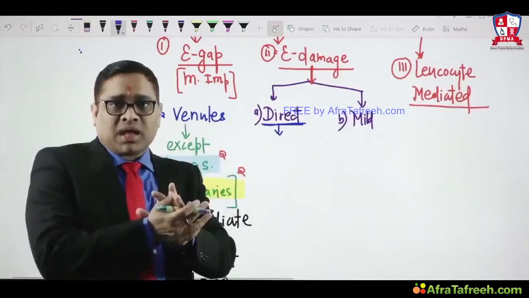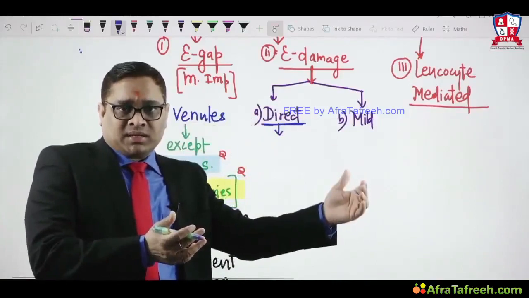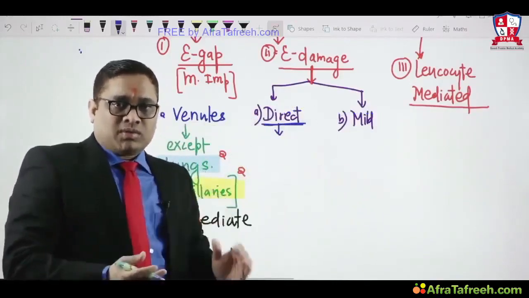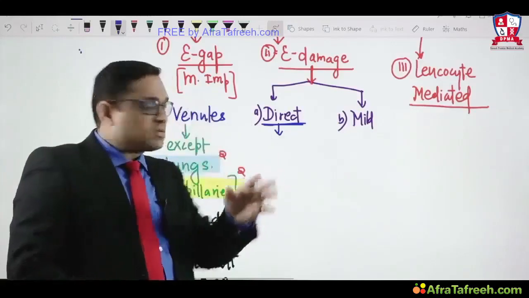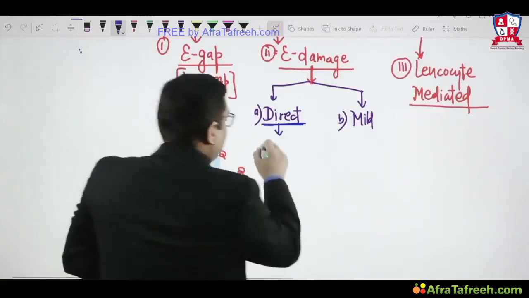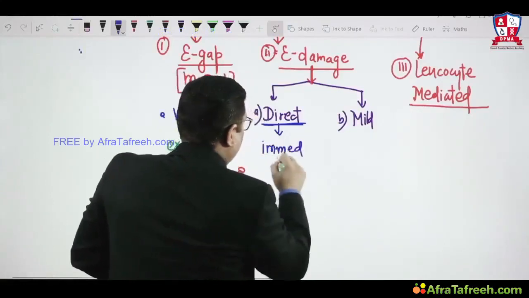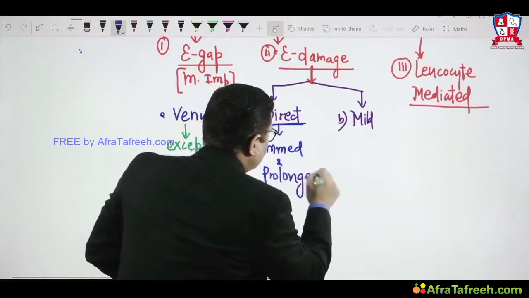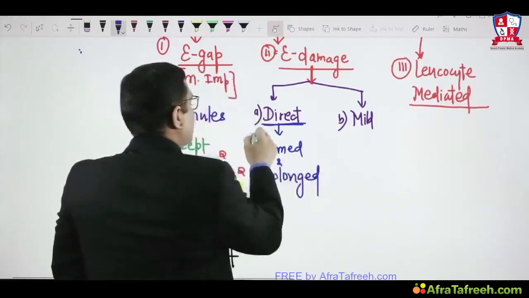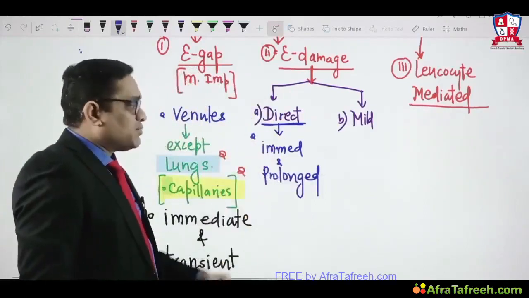But after that, cytokines will be released and they will recruit inflammatory cells, so it will be prolonged. Always remember, increased vascular permeability by direct endothelial damage is an immediate and prolonged response. This is another important MCQ.